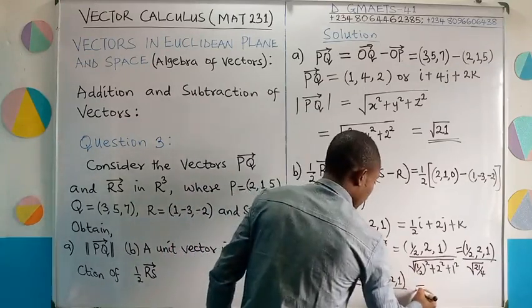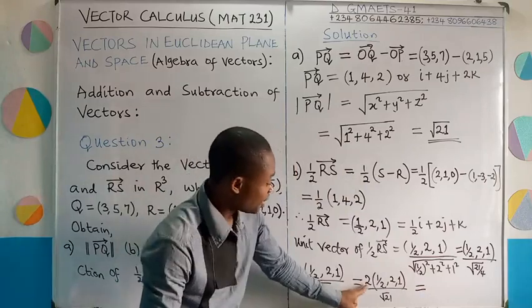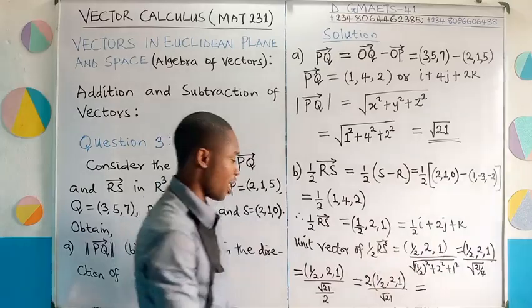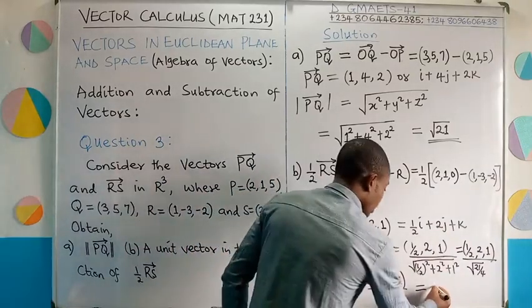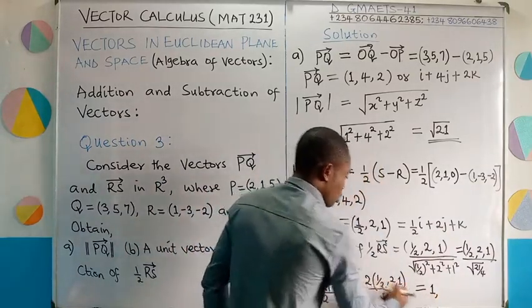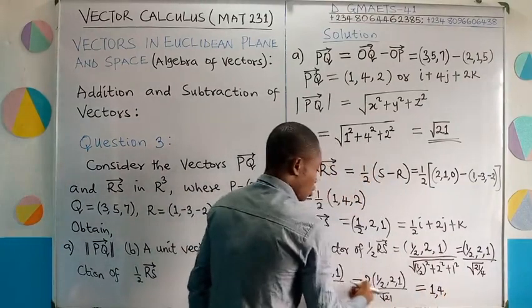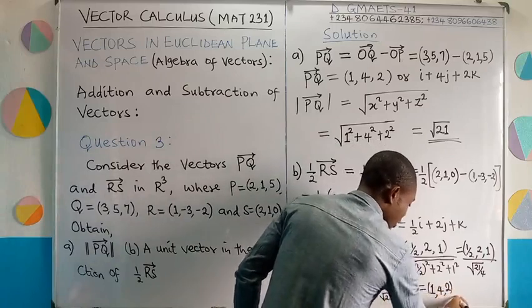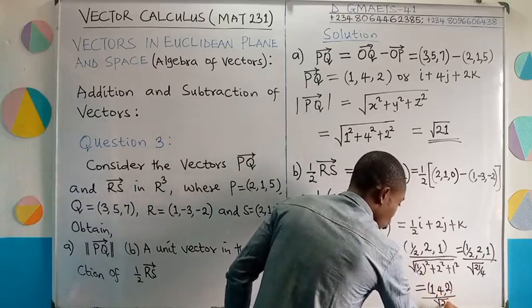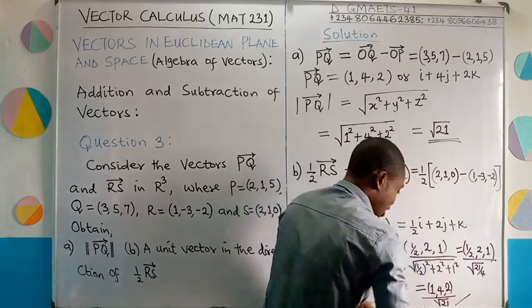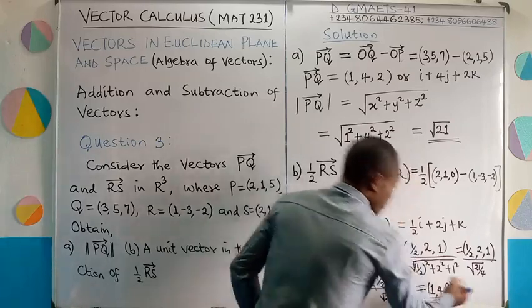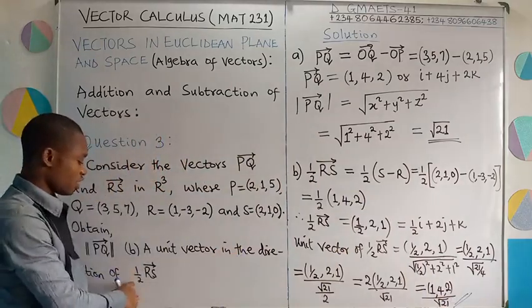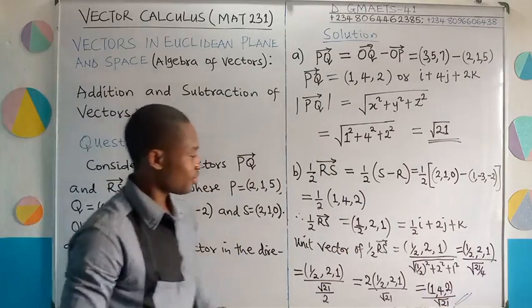This is a scalar, so it can multiply each term in the brackets. 2 times 1/2 gives us 1. 2 times 2 gives us 4. 2 times 1 gives us 2. Then we divide by the square root of 21. So this is actually our final answer. This is the unit vector in the direction of the vector 1/2 RS.